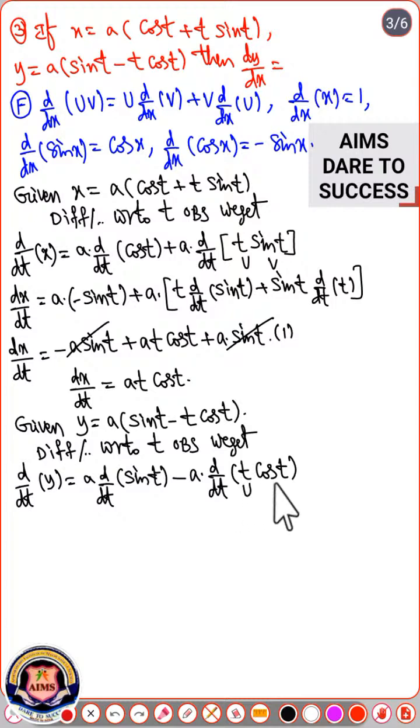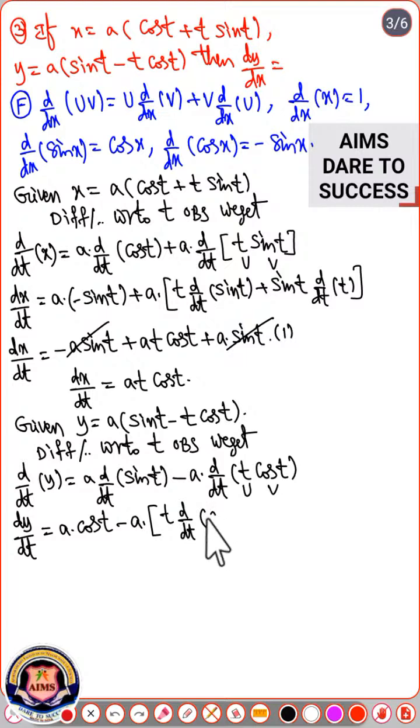This is in the form of the uv formula. Okay, so d by dt of y is dy by dt, which is equal to a into the derivative of sin t is cos t, after that minus a into, this is the uv formula, so t comes outside, d by dt of cos t plus cos t comes outside, into d by dt of t.